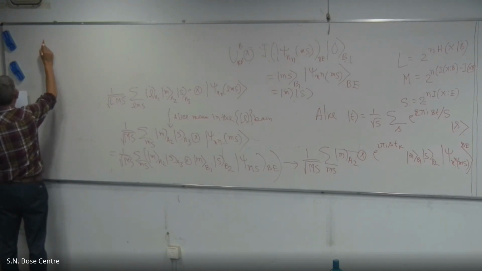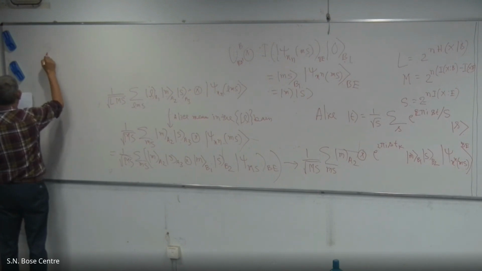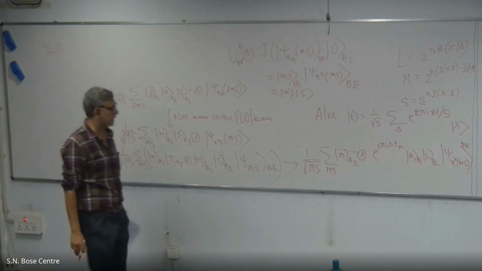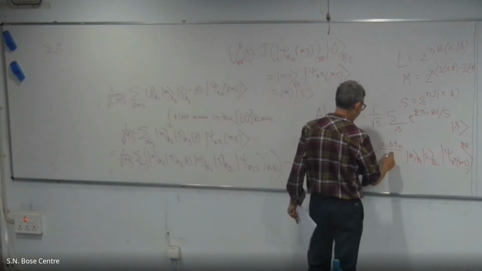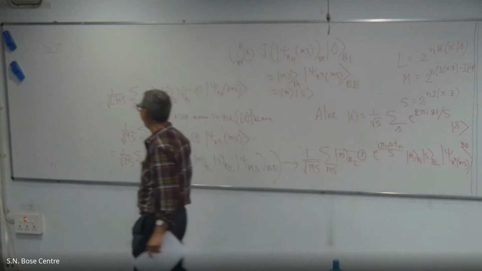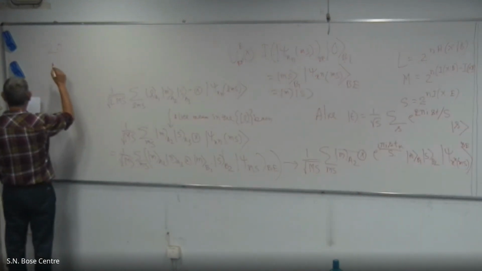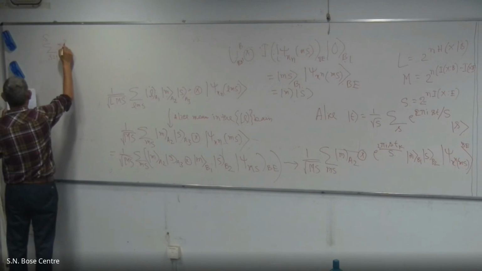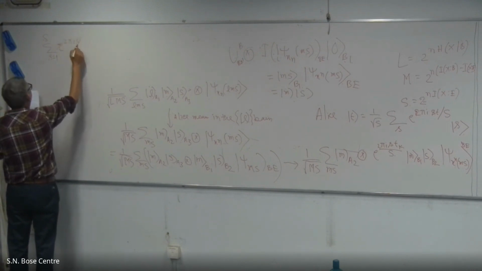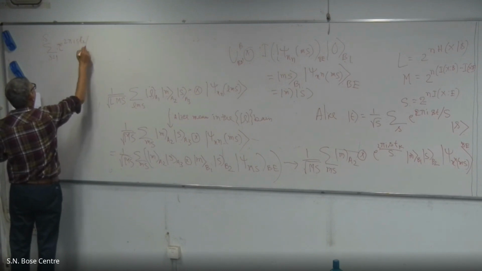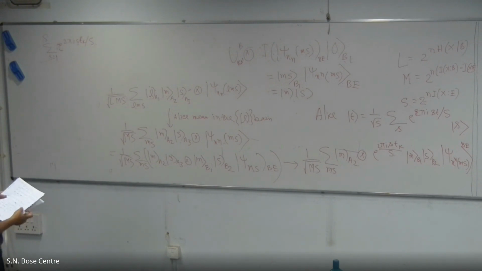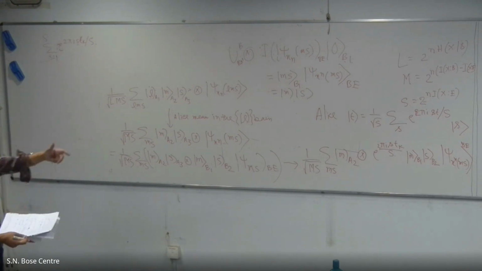So Bob applies a phase shift, which is... There is some capital S missing; it should be divided by capital S. So he is applying this phase shift on the S register.